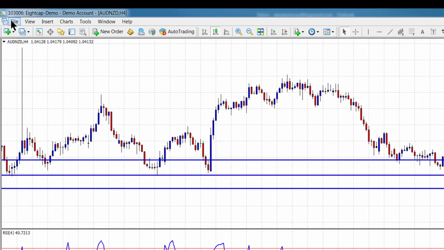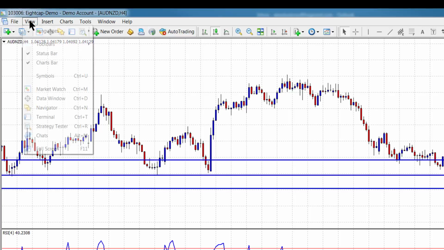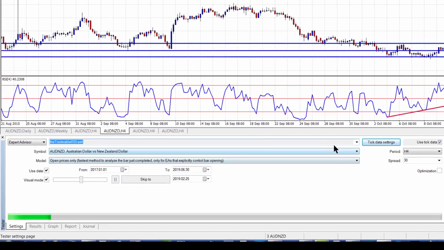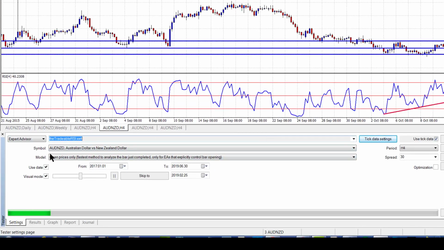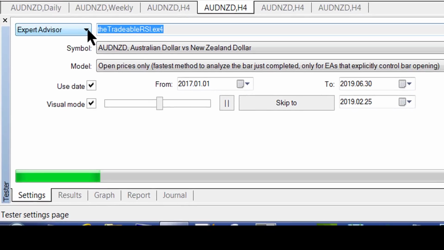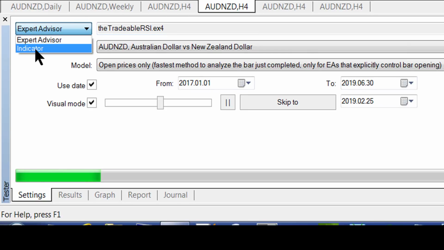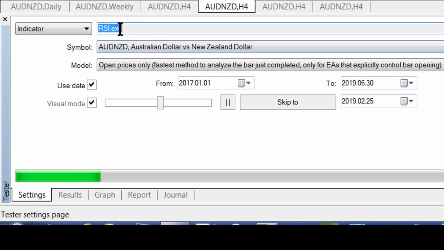And what I'm going to do is I'm just going to go into View, Strategy Tester, and I'm going to test the same indicator, the RSI. So I click on Indicator. There's the RSI is loaded, and I'm going to test it over this period.